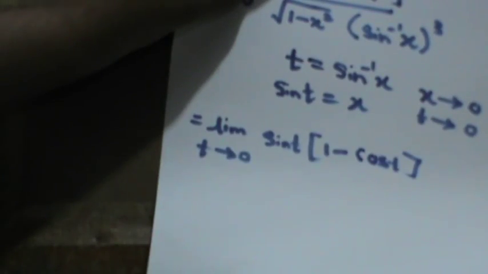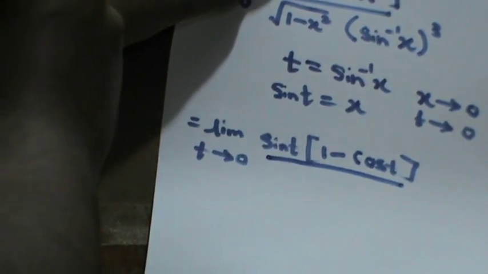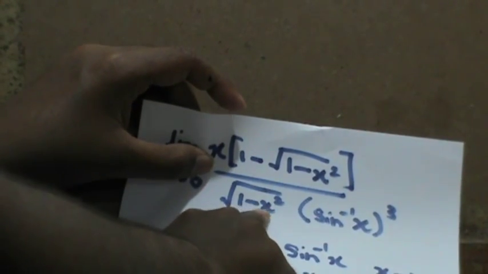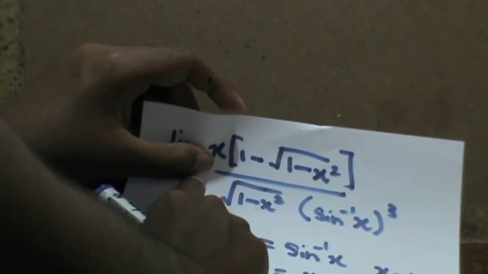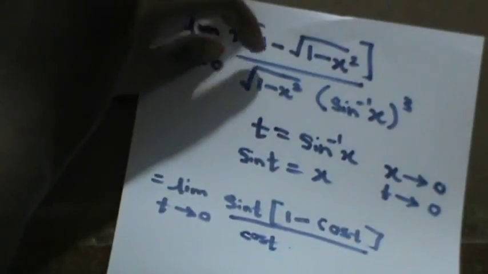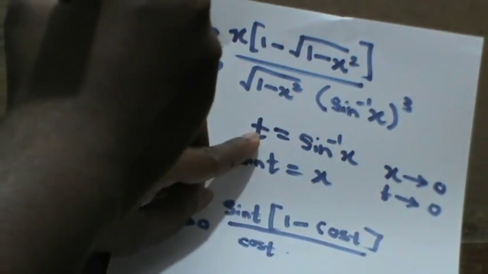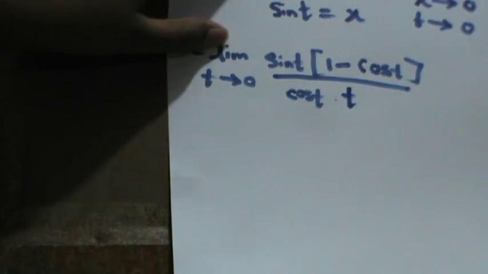So here will be 1 minus cos t. Again here, 1 minus x squared is 1 minus sin square t, which is cos square t, and the root of that is cos t. And our substitution sin inverse x is equal to t, so it will be t.